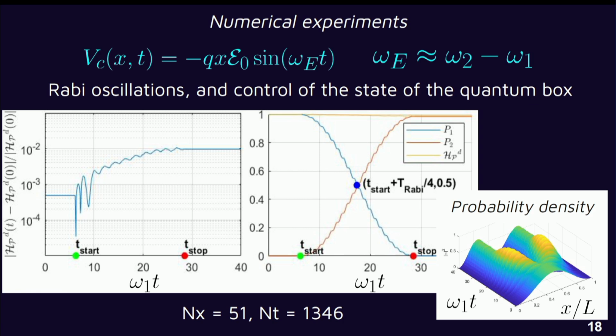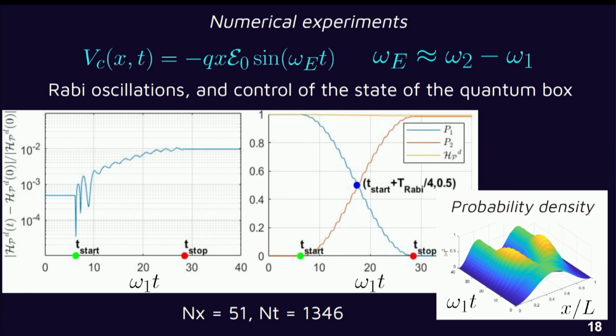These are Rabi oscillations, which are known analytically. And so you apply a control with the analytical period of the Rabi oscillations. And as you can see, we managed to go from level 1 into level 2.